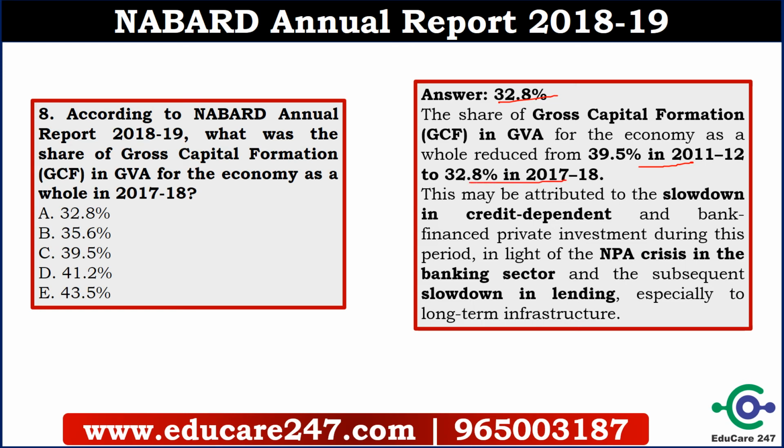So this is a very important fact. And why has this reduction happened? Because of the slowdown in credit development. Why did it happen? Because of the NPA crisis in the banks, and banks were not lending for long-term infrastructure projects. That's why gross capital formation reduced to 32.8% in the year 17-18.